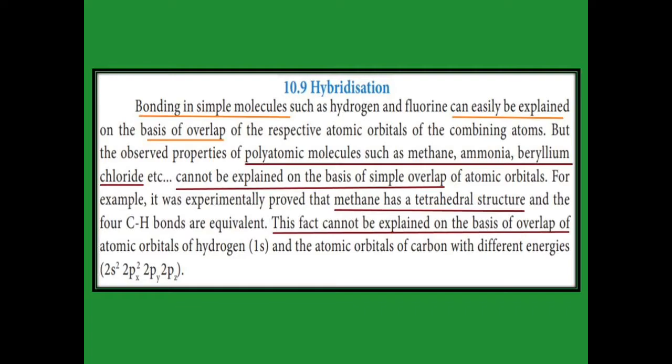But simple overlap theory can explain the structure of simple molecules like hydrogen and fluorine. In methane, the structure is tetrahedral. It has four C-H bonds and those four C-H bonds are equivalent. But based on orbital overlap theory, the structure of methane cannot be explained. So a new theory, hybridization, was developed. Now we are going to study this hybridization.